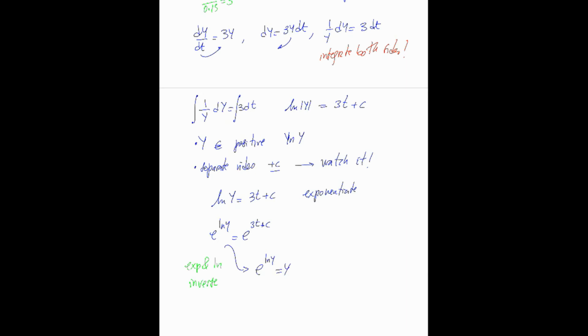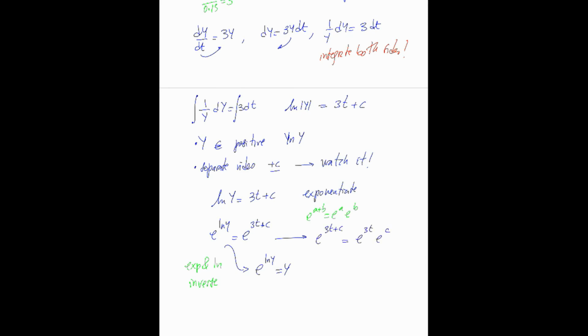On the other hand, by the properties of the exponential, we have e to the a plus b is e to the a times e to the b. So in this case in particular, e to the 3t plus c is equal to e to the 3t times e to the c.